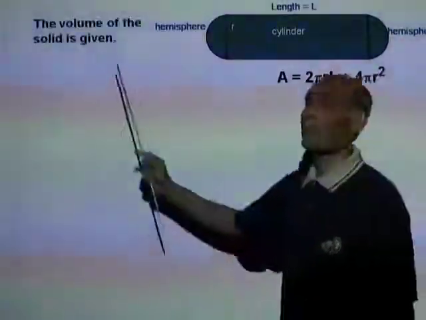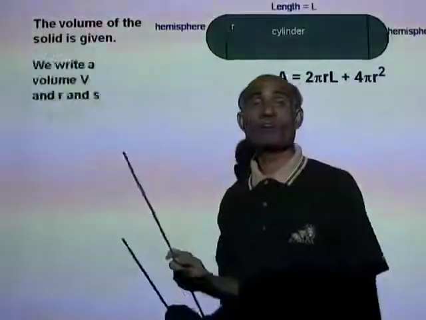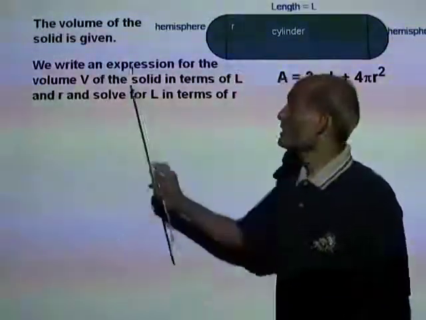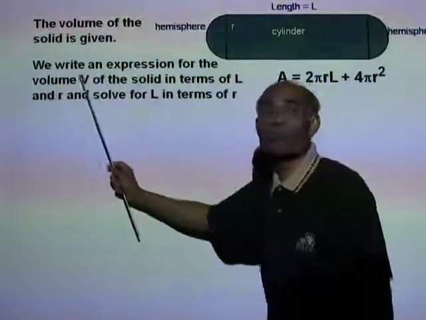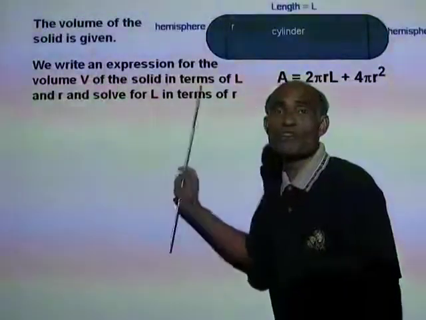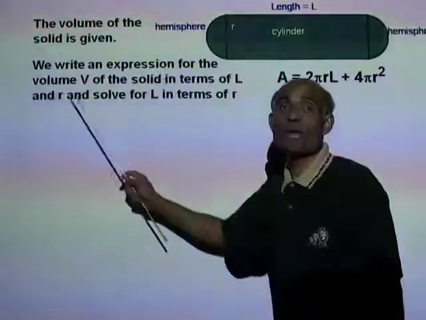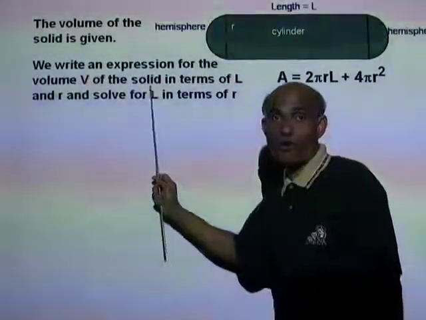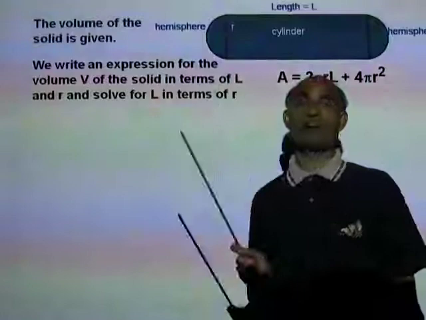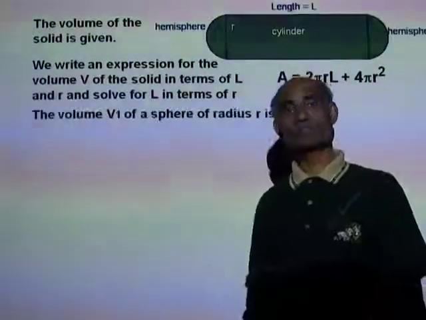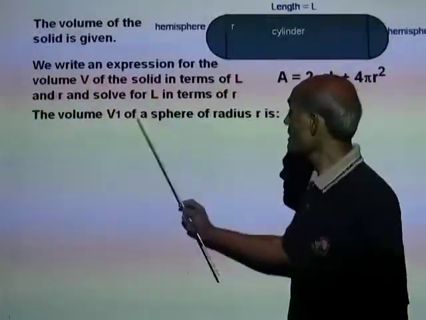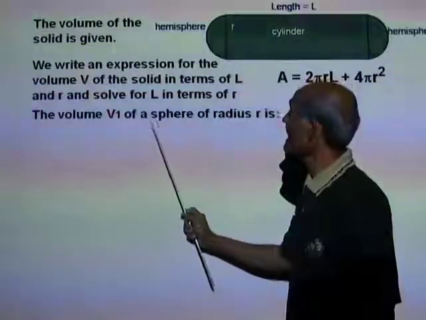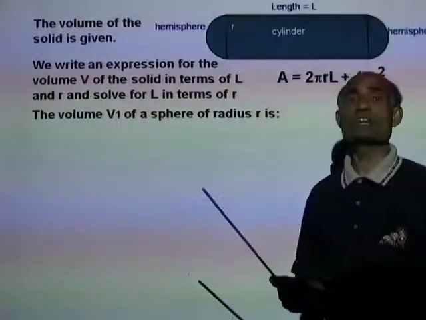Let's do that. The volume of the solid is given. We need to write an expression for the volume V of the solid in terms of L and r, and then solve for L in terms of r. All right, let's do that. Volume V1 of a sphere of radius r.